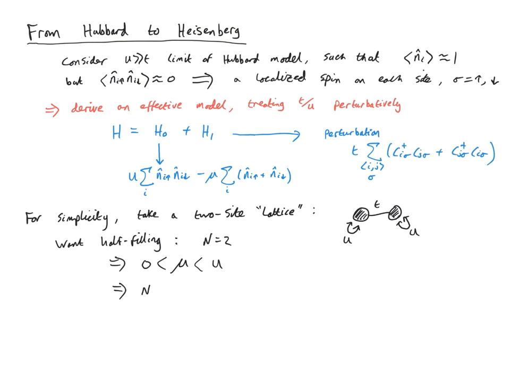So the n equals 0, 1, 3, and 4 electron states are excited states of order U above the ground state.